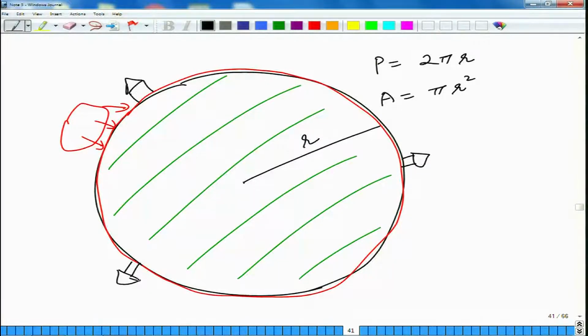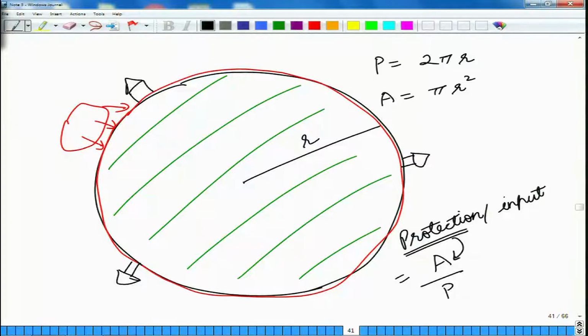Now, this deployment of people would depend on the perimeter of the area. Now, per unit of perimeter, how much area can we protect? So, the level of protection per unit of input would be given by the area that we are protecting divided by the perimeter that we are using, because the level of protection depends on the total area that we are protecting.